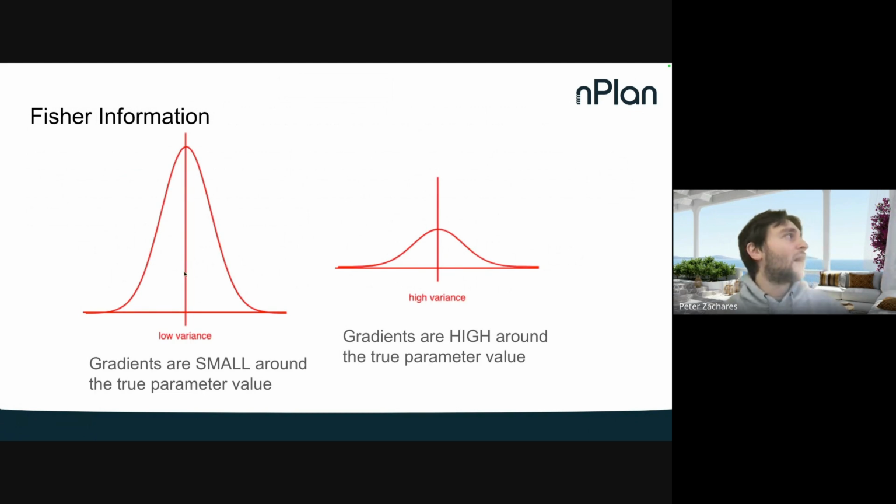And if you have a low variance, that means the gradients around the true parameter's log likelihood are quite small. They don't change that much. And that means that if you want a big difference in the log likelihood from the true parameter, you have to take a big step in changing the parameter.